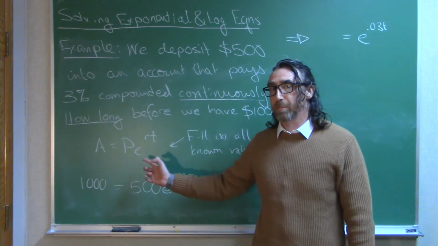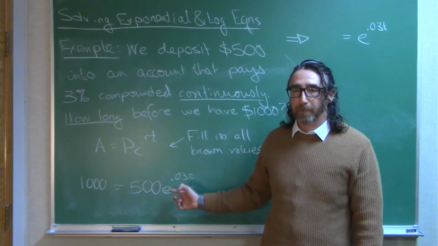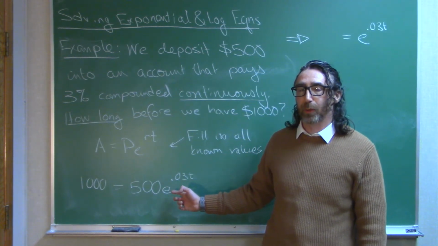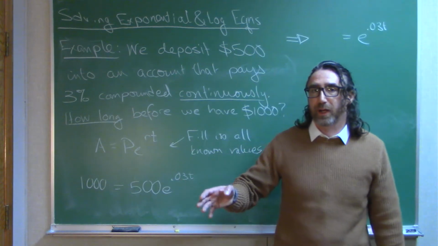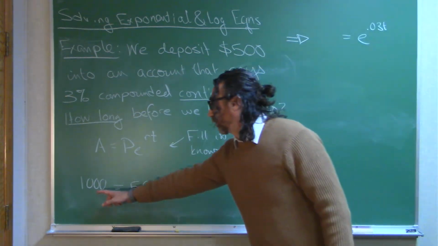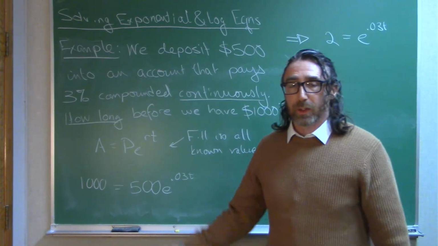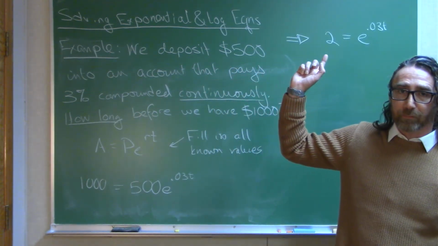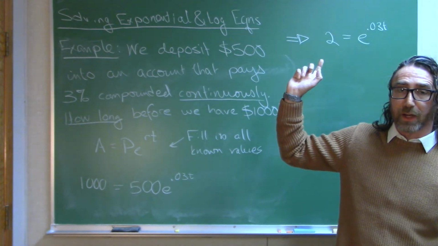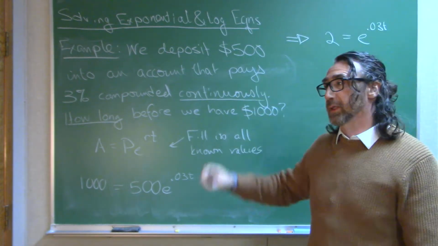The 500 is multiplied by e to the 0.03t, so I should divide both sides by 500. If I divide by 500 over there, I get a 2. Okay, so this is my first step in the strategy. Isolate the quantity with the unknown exponent.